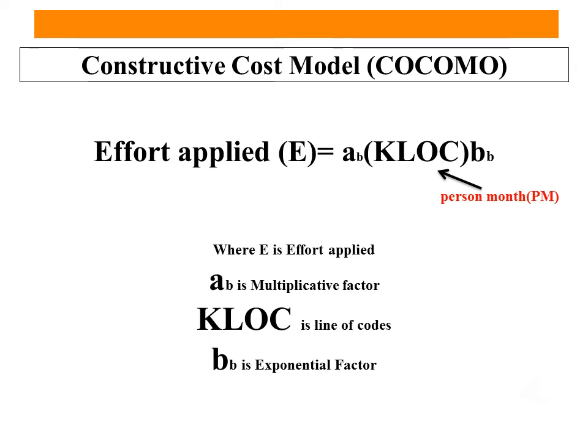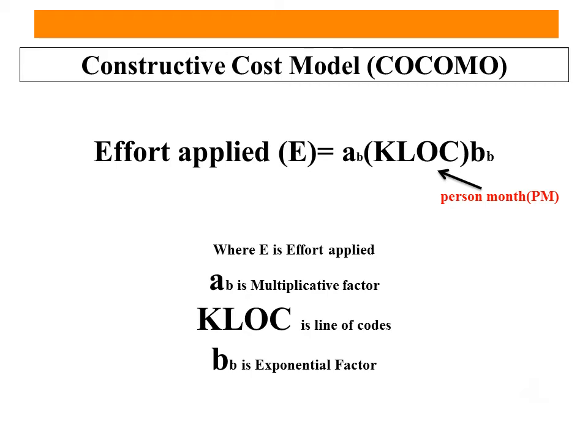So there is a model in software engineering which is known as the constructive cost model. This is the model which is used to calculate or construct the cost of a software development model. So the formula is effort applied, which is denoted by E, is equal to a_b (KLOC)^b_b.